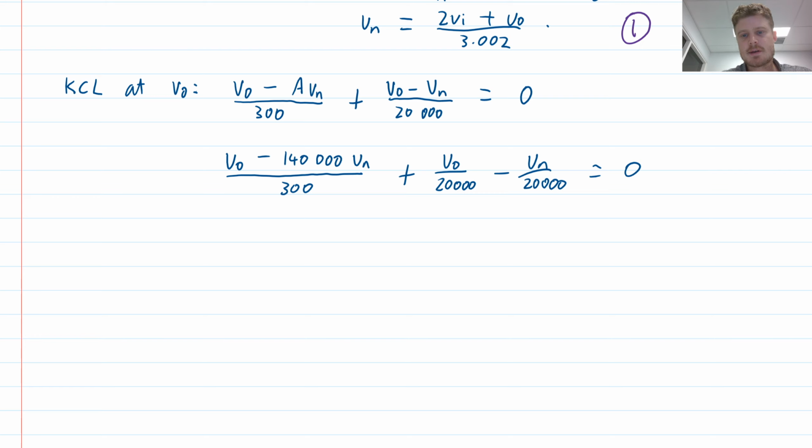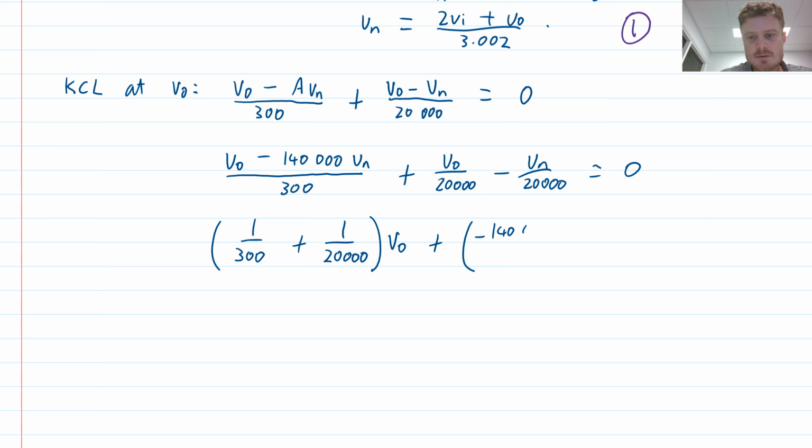All right, let's bring our terms involving Vn together so I can substitute them in easily, and also my terms involving V out together. That will leave me with 1 over 300 plus 1 over 20,000 as the coefficient of the output voltage, and the terms involving Vn, there's a negative 140,000 divided by 300, and a negative 1 over 20,000, times Vn is equal to 0.